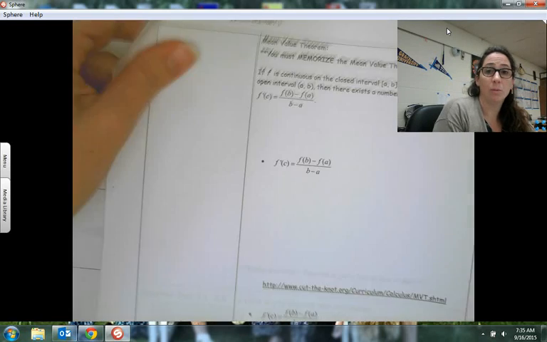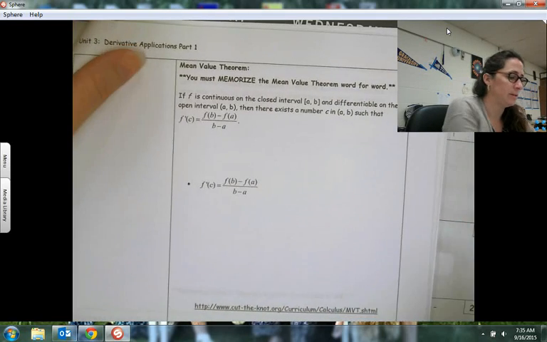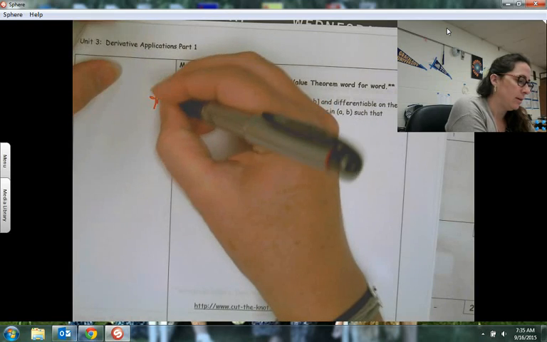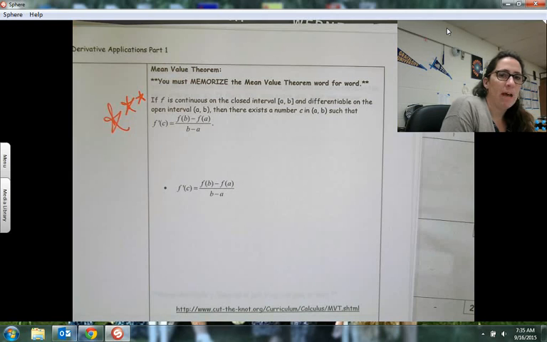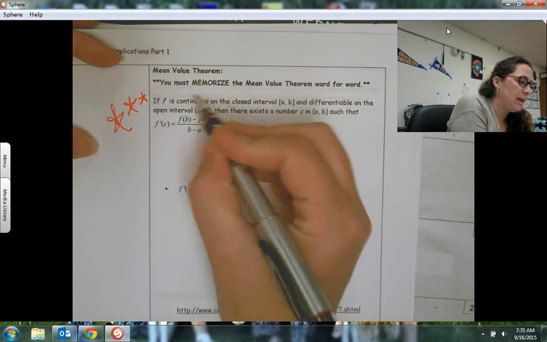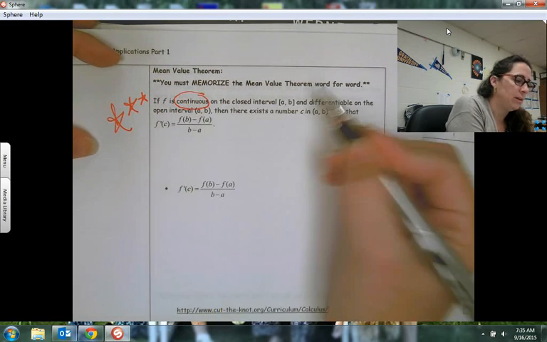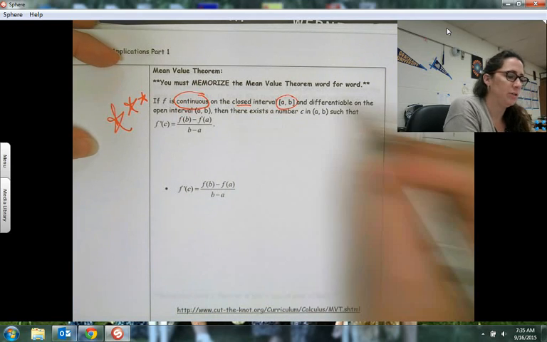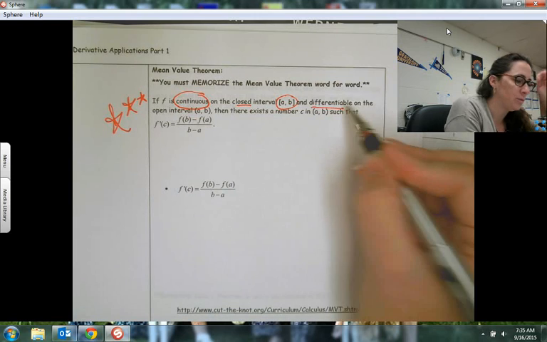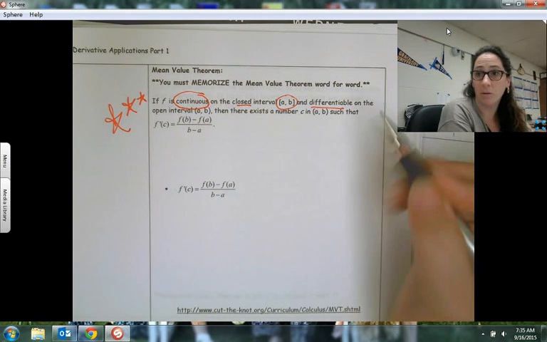Okay, so word for word, know this. So if f is continuous, again we have a condition on the closed interval, but now it has one more stipulation. It's going to be differentiable, so the derivative exists.